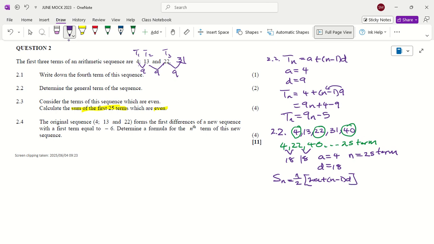We are looking for the sum of the first 25 terms, so we have 25 over 2 times (2 times 4, our a, plus (25 minus 1) times the difference, which is 18). We press the calculator.